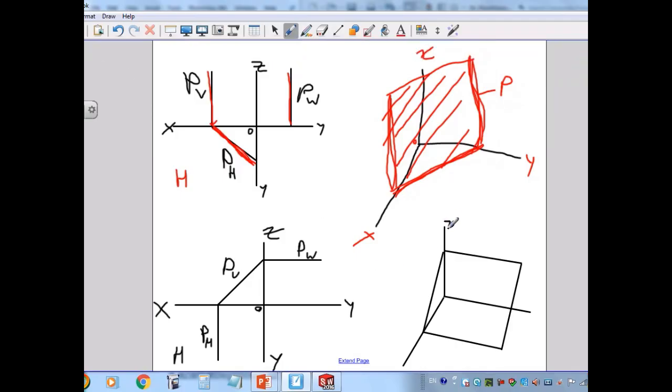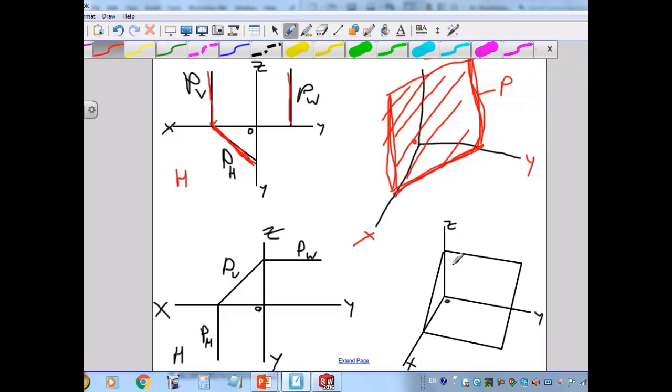So that's the Z axis, that's the Y axis, that's the X axis, that's 0, and the plane is given here.